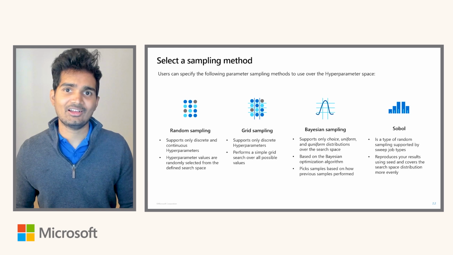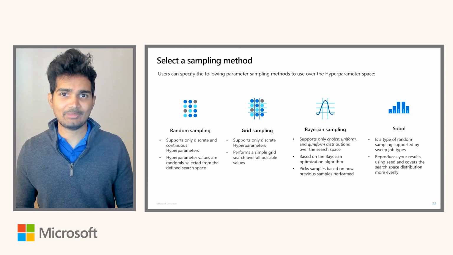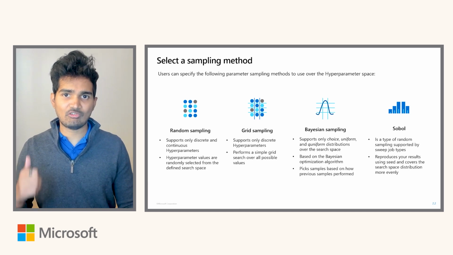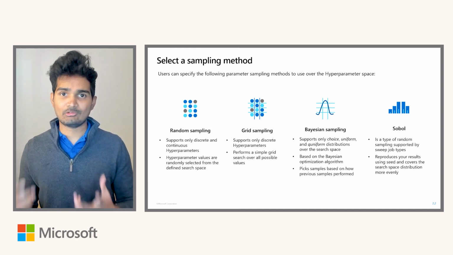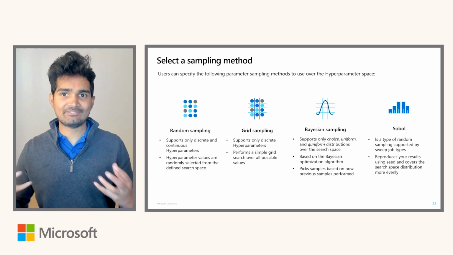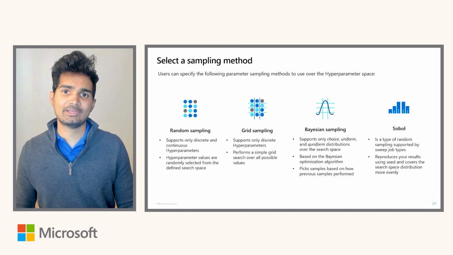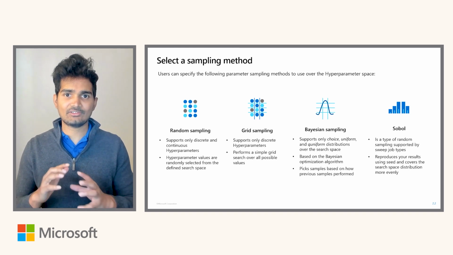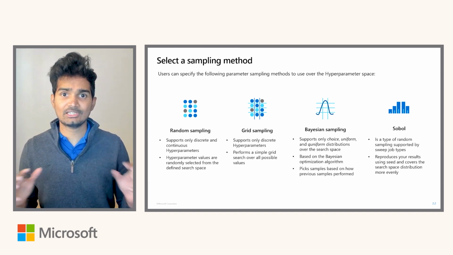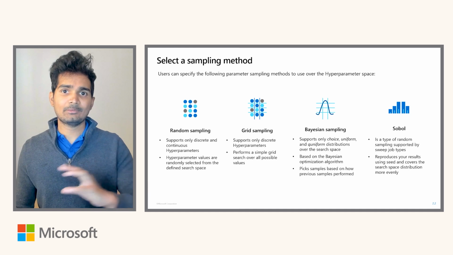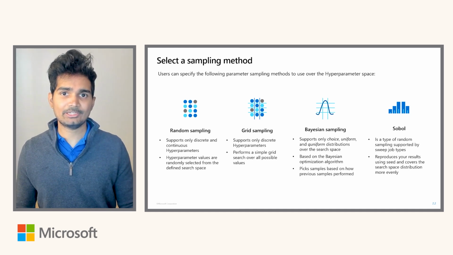Be aware of the different hyperparameter sampling methods in Azure Machine Learning. There's random sampling, which randomly selects a combination of hyperparameters from the specified ranges. Grid sampling explores a defined subset of hyperparameter space in a systematic manner. All possible combinations of the hyperparameters within the range can be tested, providing a comprehensive evaluation.